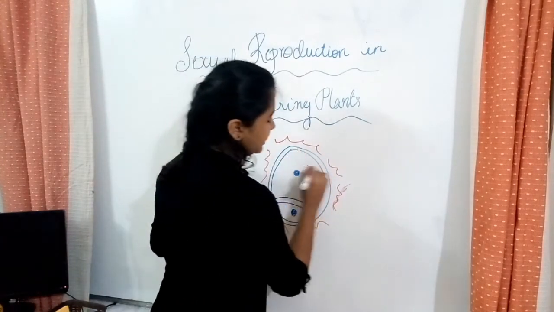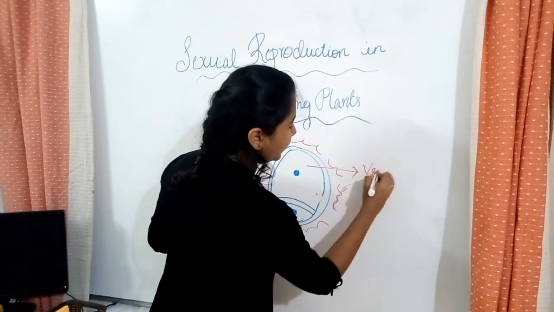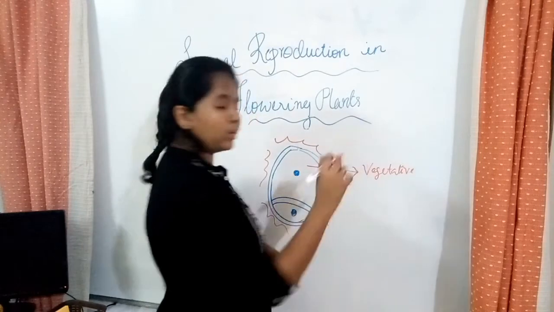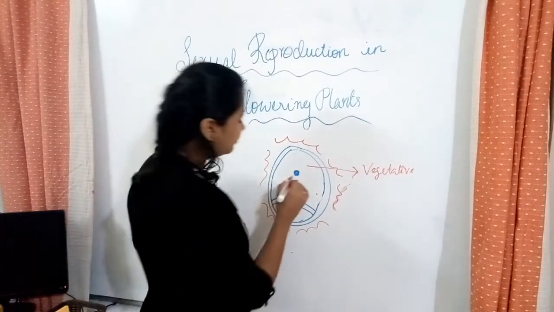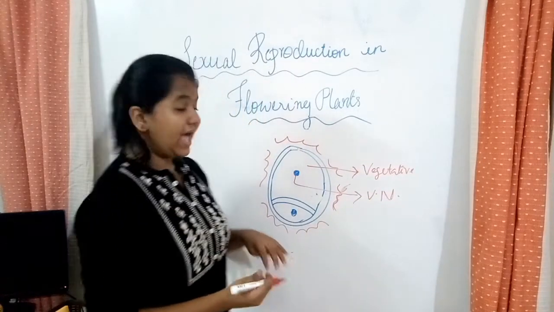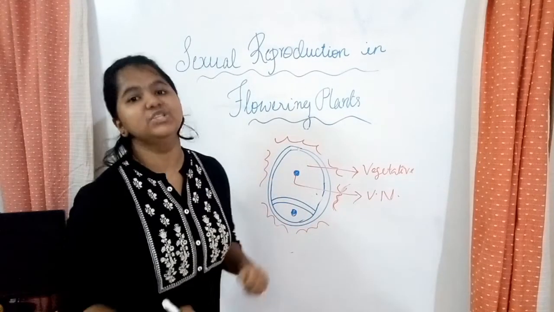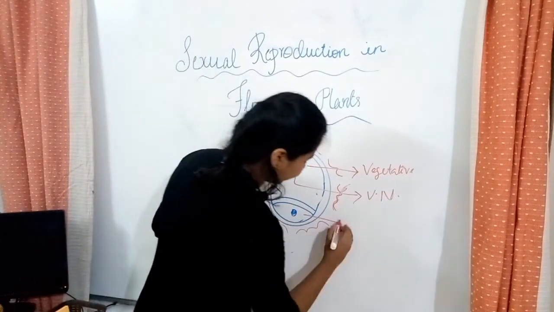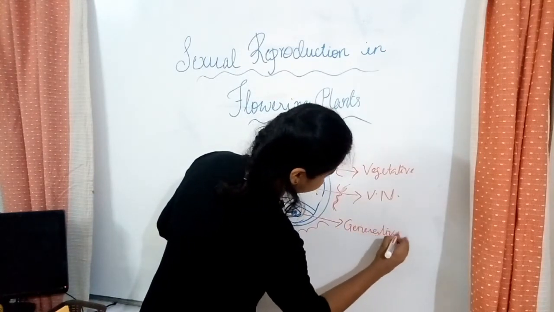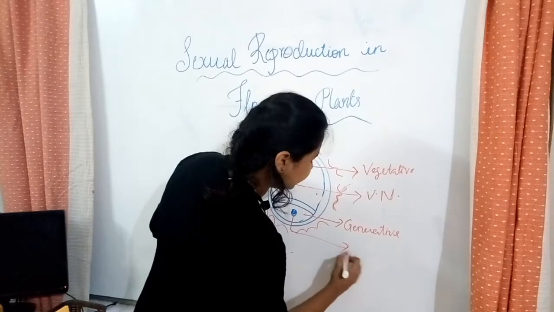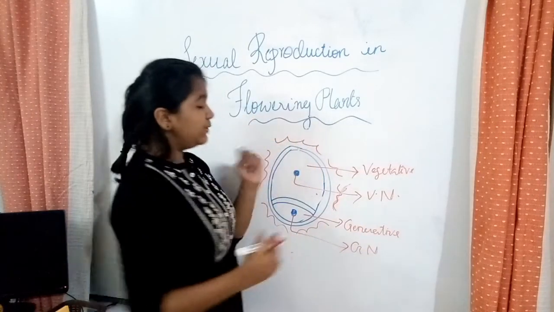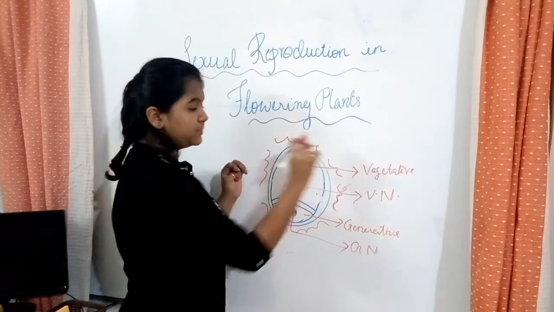This cell is known as the vegetative cell, and the nucleus of a vegetative cell is known as the vegetative nucleus. And this small cell is known as the generative cell. And the nucleus is called the generative nucleus.